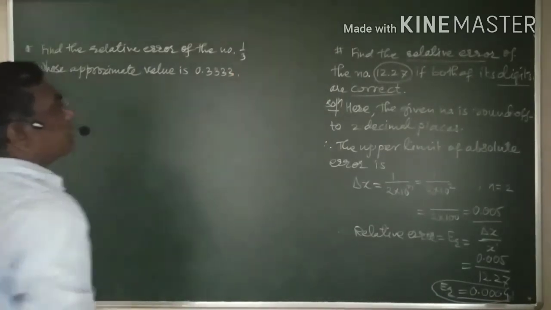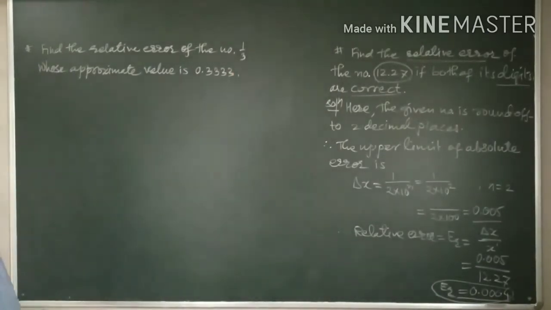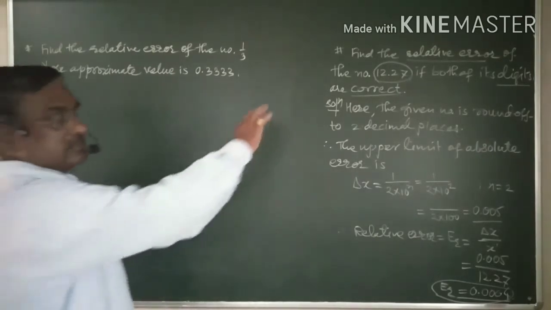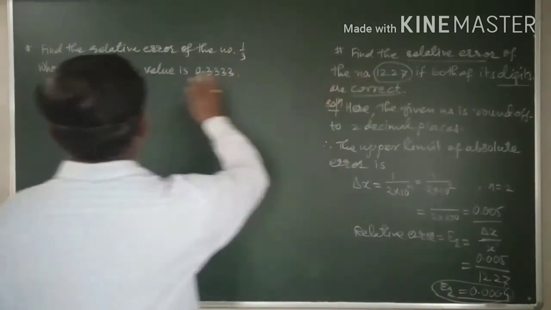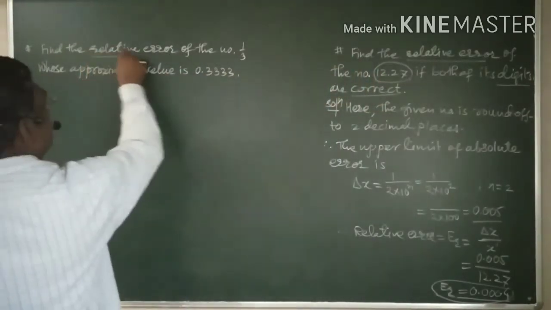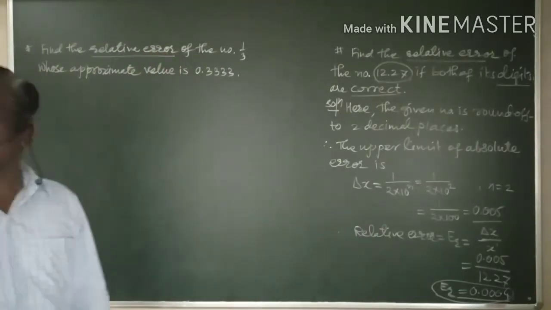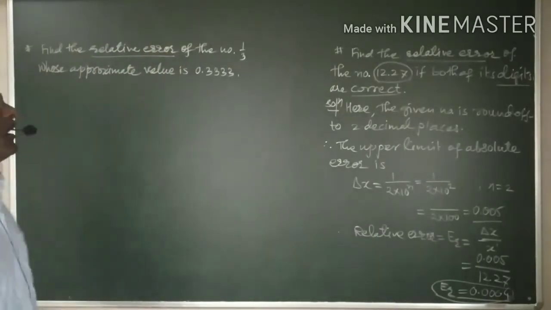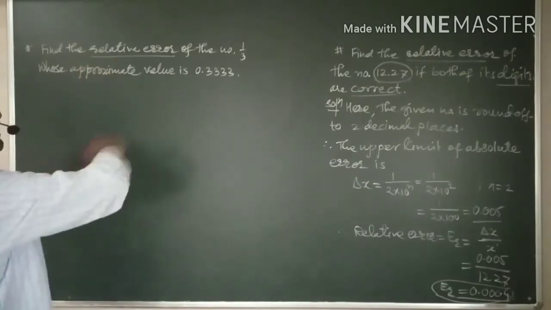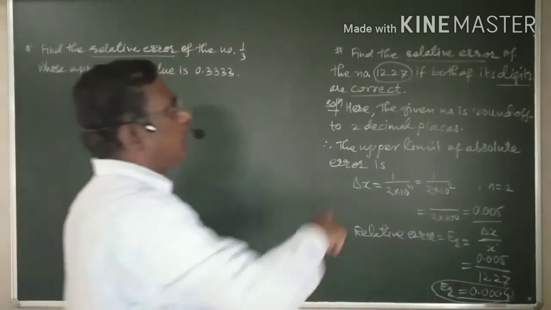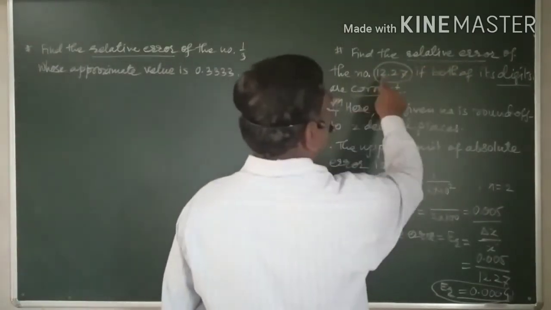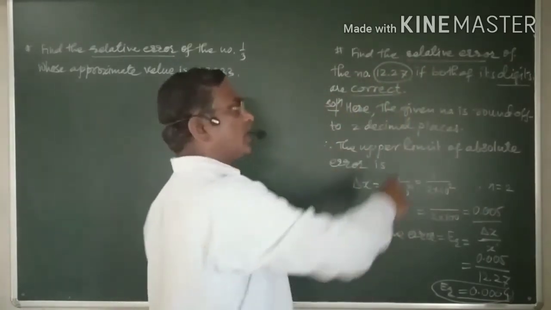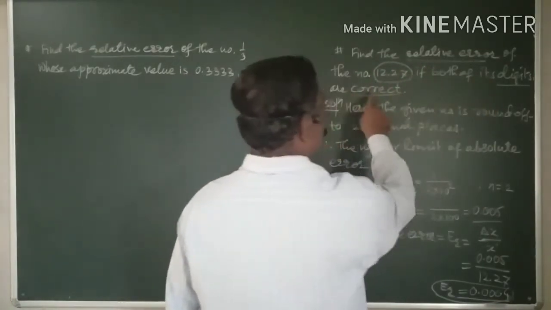See the difference between this example and the earlier one. In both examples, we need to obtain the relative error. Find the relative error of the number 1 by 3. And here, find the relative error of the number 12.27, if both of its digits are correct.